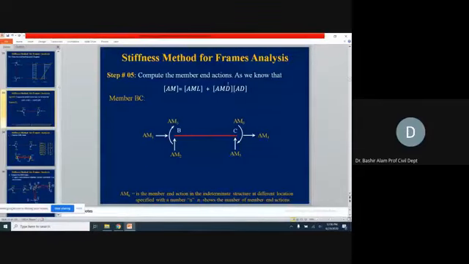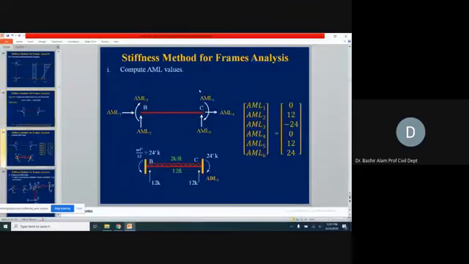Now for the AML values, I'll be going again to where we generated the ADL matrix. So we will be moving to that one, and this is now that 2K per for this fixed-ended beam. Horizontally, we don't have any action corresponding to AML1 and AML4 also. So 0 and 0 we are putting at those locations. Corresponding to AML2 we have plus 12.